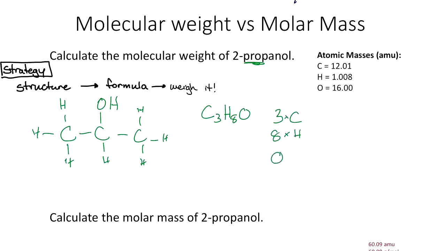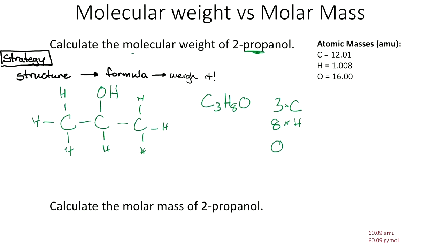So let's add up those atomic masses. This is molecular weight, so we are calculating the weight of a single propanol molecule. This has a unit of AMU. I give you atomic masses here. So 3 times 12.01, we've done this before, plus 8 times 1.008, and then 1 oxygen, plus 16.